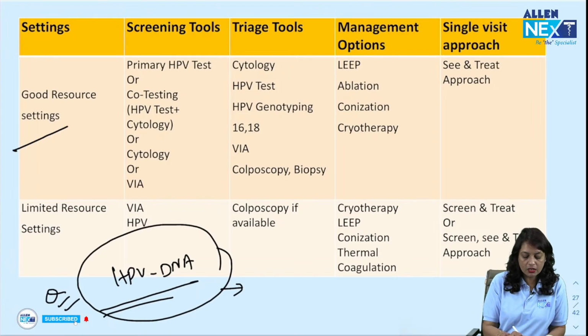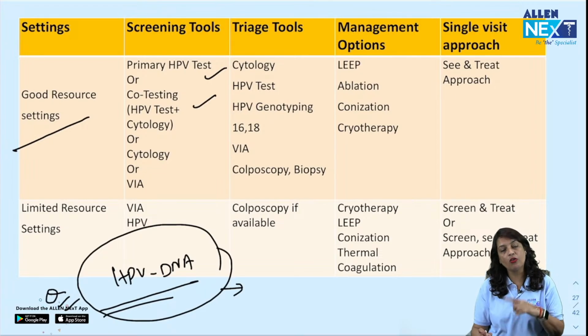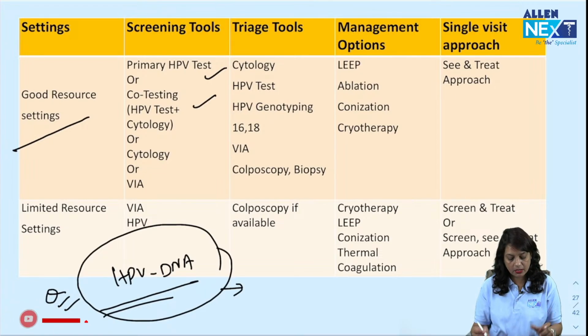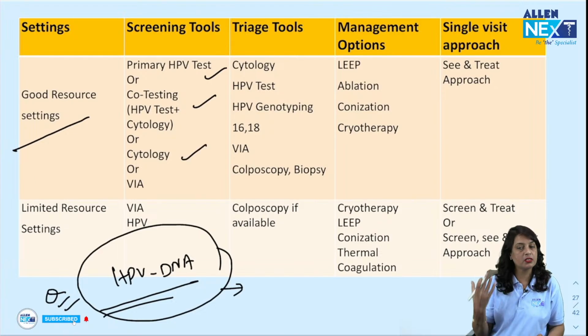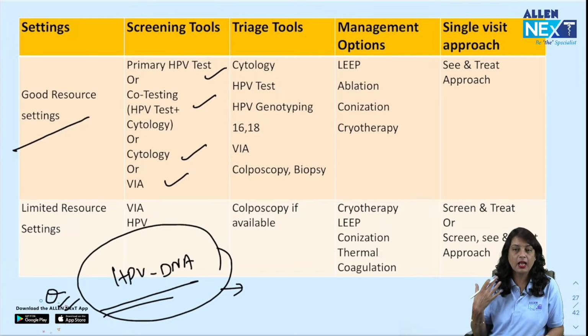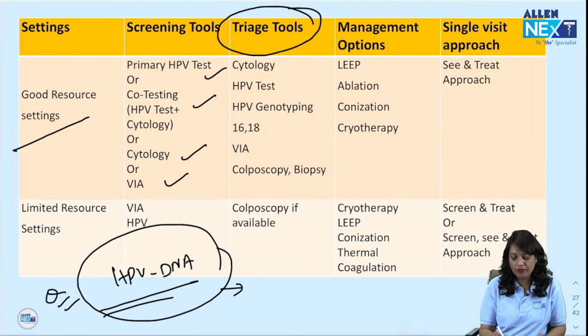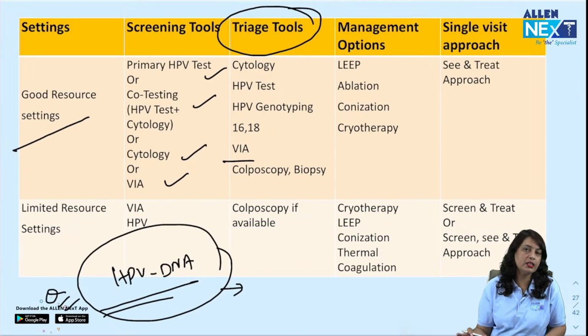So what are the screening methods? Screening methods are HPV DNA, or HPV DNA along with pap smear, that is co-testing, or just the pap smear, or VIA, visual inspection under acetic acid. The triage tool includes cytology, HPV DNA testing and VIA, and there are facilities for colposcopic directed cervical biopsy.